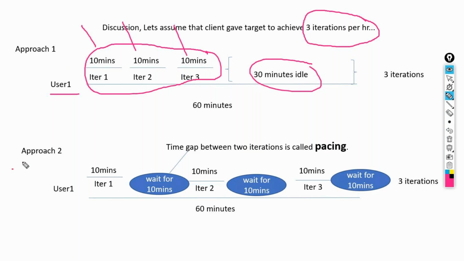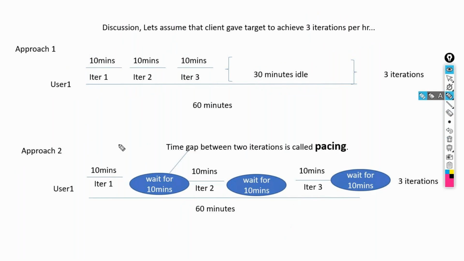In approach 2, the user completes the first iteration in the first 10 minutes and then waits for some time, then completes the second iteration, waits for some time, completes the third iteration, and waits for some time. This is more realistic when compared to approach 1. Now, what is the amount of time that we are waiting here?